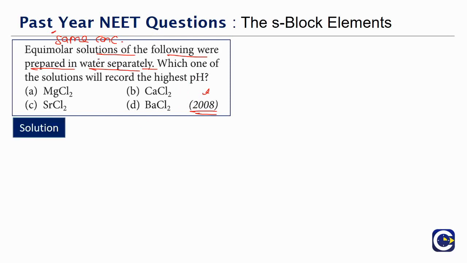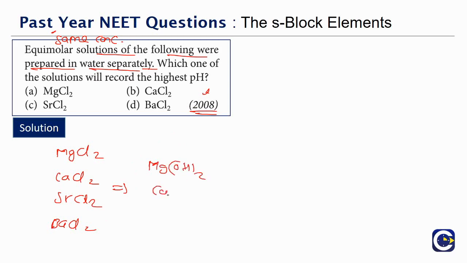When we take the equimolar solutions in water, all these chlorides, MgCl2 or CaCl2 or SrCl2 or BaCl2, will undergo hydrolysis and we will get the respective hydroxides. So we will get Mg(OH)2, calcium hydroxide, strontium hydroxide and barium hydroxide.